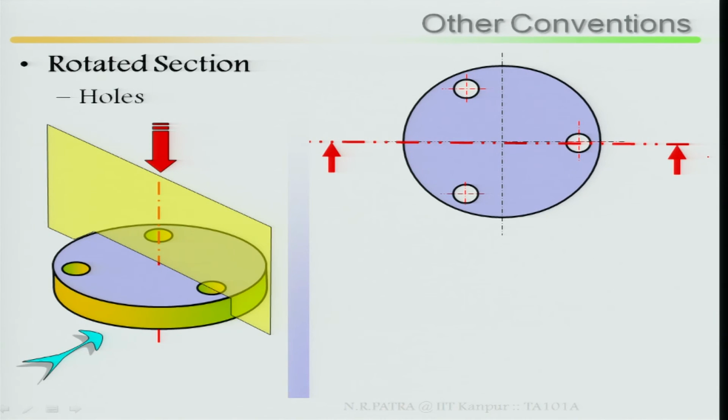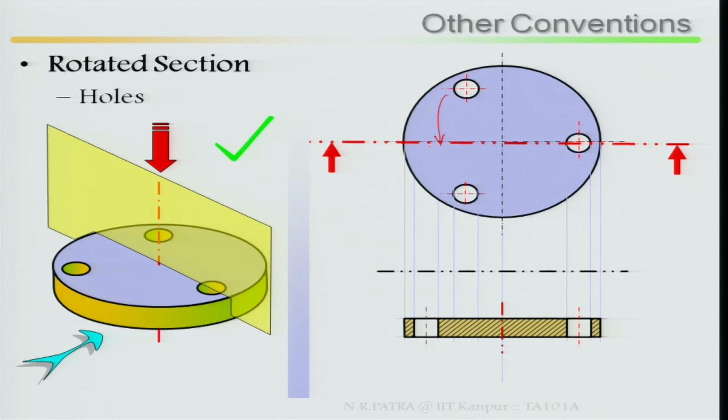Then what are you supposed to do? You rotate this hole back to here, or maybe you can rotate it back to here, and put it in alignment on the center line. It has been rotated and put here so that it is equidistant from the center, then the other material is the same material.